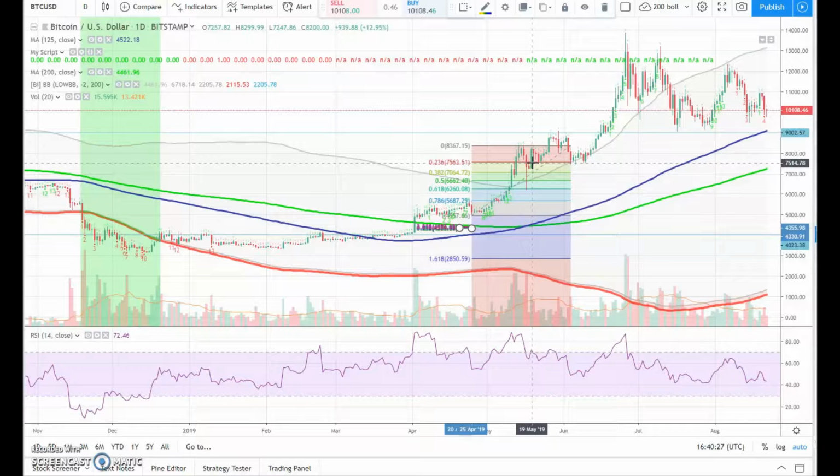And this can be used in almost every market, well, in every market. So the trick is really only to try to find the 50% or the 61.8% retracement levels.